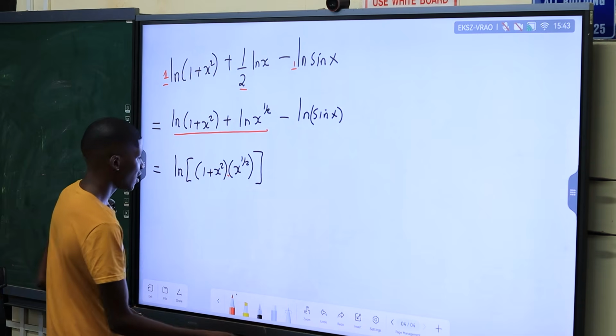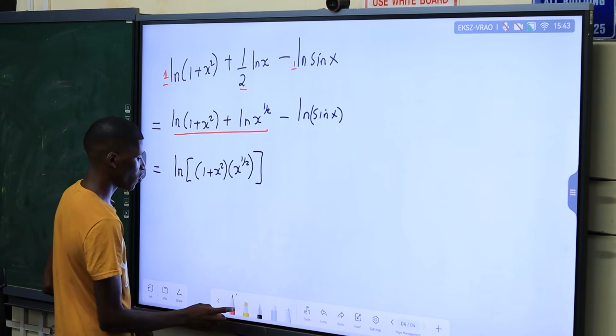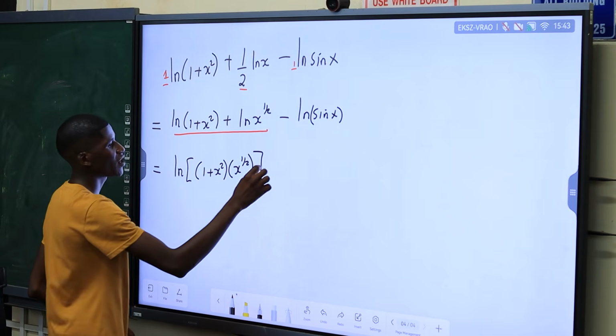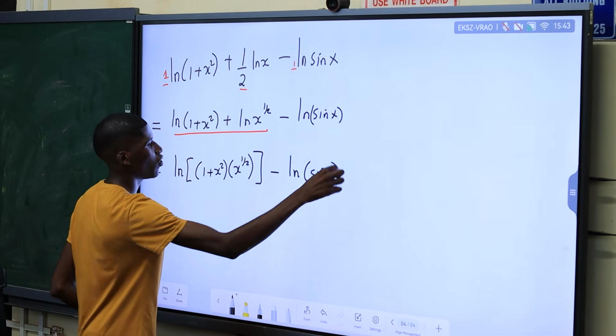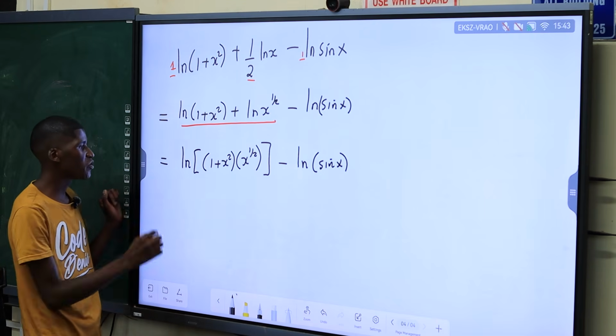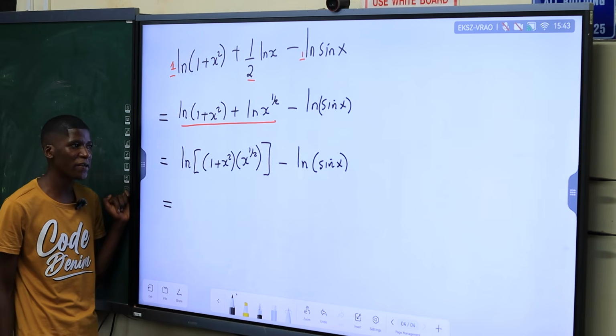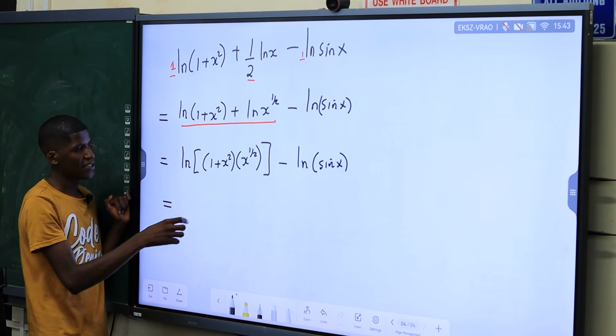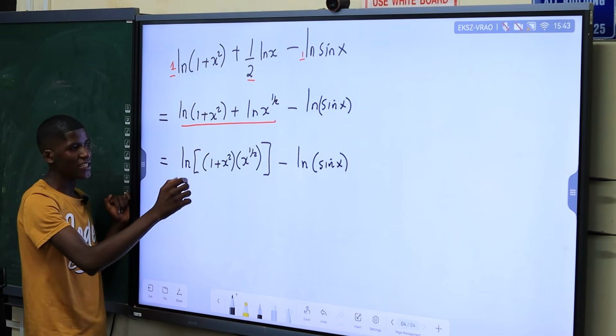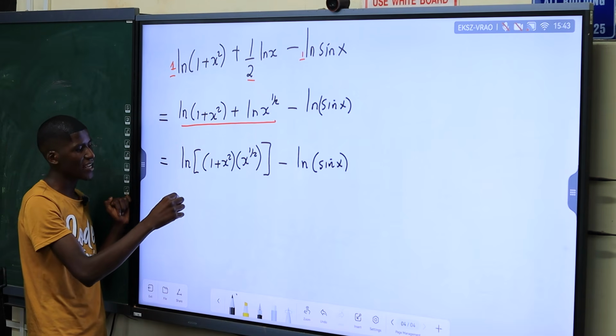So what follows? Minus ln of sin x. We still have minus ln of sin x. Now how do we make this a single logarithmic function? Since it is subtraction, we divide the arguments.